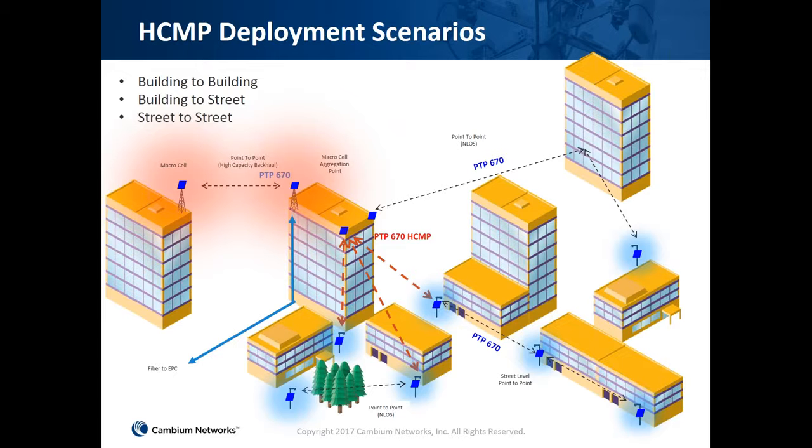If you want to use an HCMP scenario, all the radios have to be 670. That's compulsory. You cannot even use a 650 to replace a 670. If you want to use HCMP mode, you have to use only 670s. Okay, so the scenario would be if you already have a 450, you replace that with a 670, and you can always redeploy the 450 somewhere else. Right. That's a yes. Okay, thank you very much.